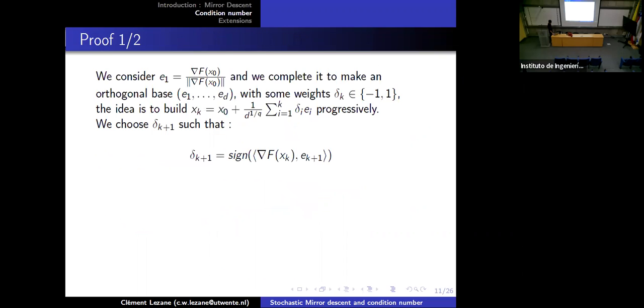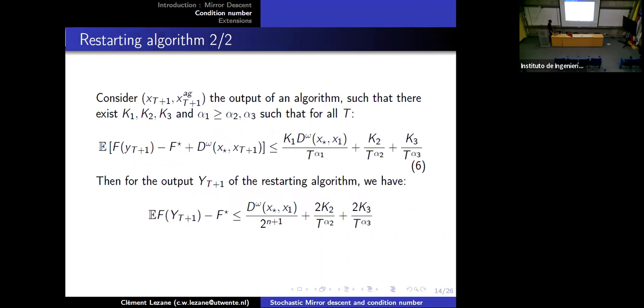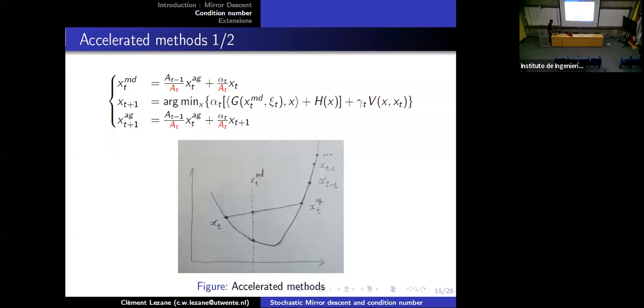Now we're going to talk about something more common, the accelerated method. This is the other trick we have for when you have a big condition number. I'm not sure everyone is familiar with it.